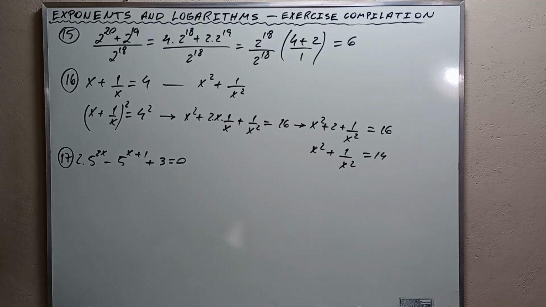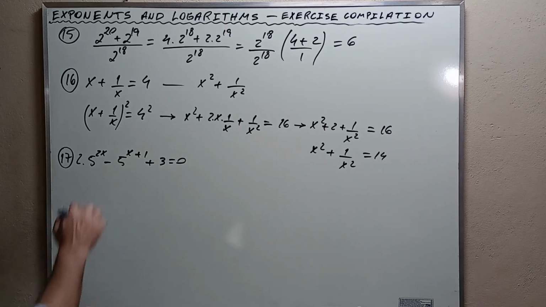The exercise wants us to find the integer solution of this equation. There may be other solutions that are not integers, but the exercise wants us to find only the integer solution of the equation. And to solve the exponential equation, we are going to utilize an auxiliary variable, okay?